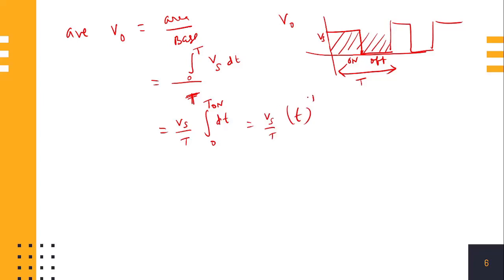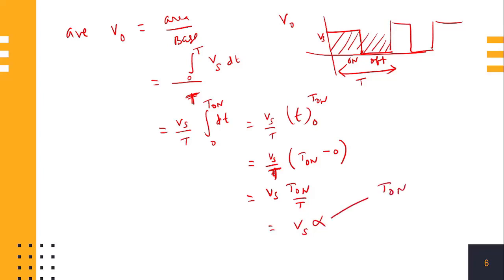When we substitute the upper and lower limits, we have T on minus 0, and with capital T, that is Vs into T on by T, which is Vs into alpha, where alpha is nothing but T on by T. So the output voltage is equal to alpha times Vs.